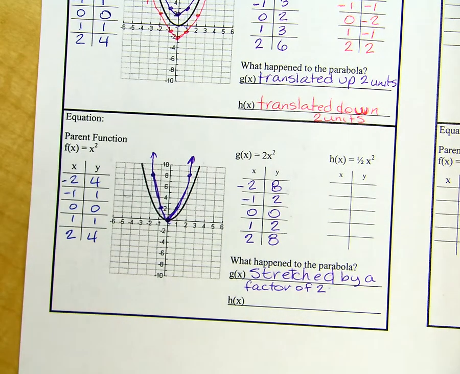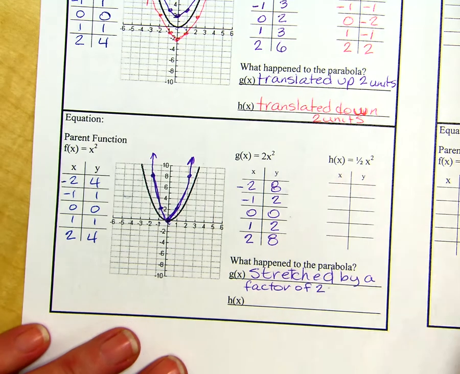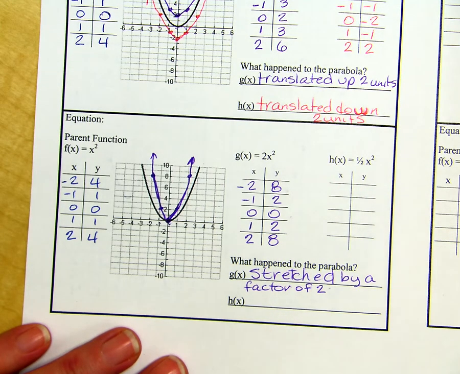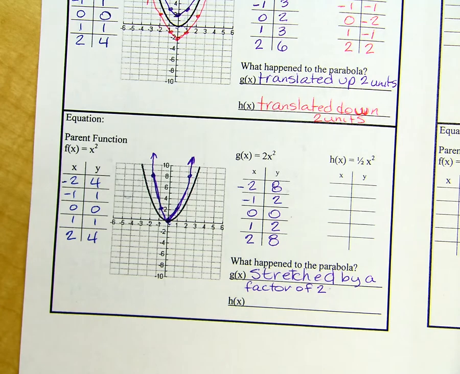For h of x, this time we have a, instead of being a 1, we have it being a 1/2. This tells us that we are going to have a compression because the values are going to be halved. So instead of a 4, we should end up with a 2.